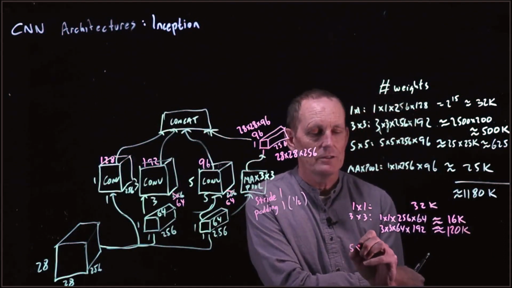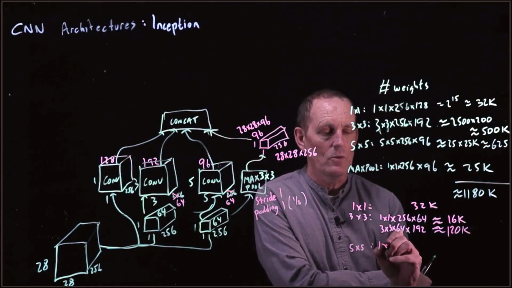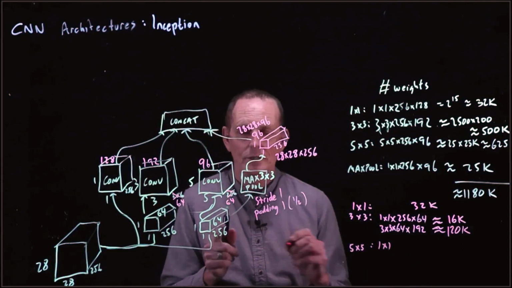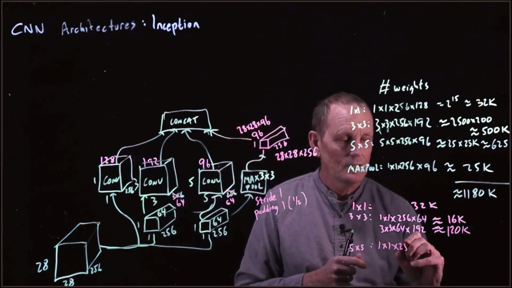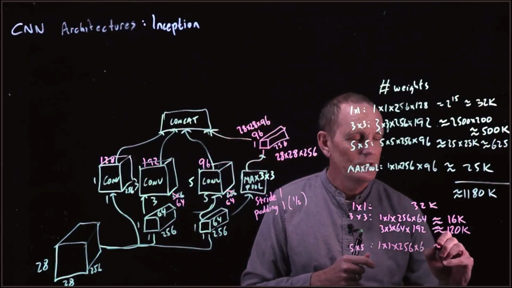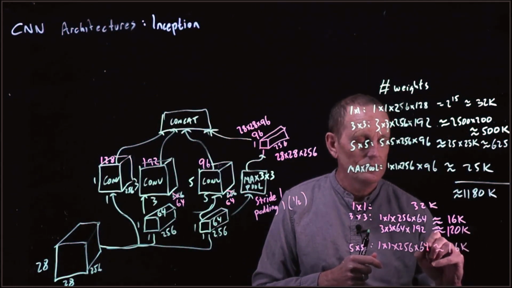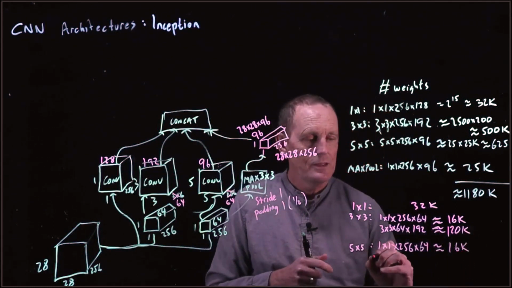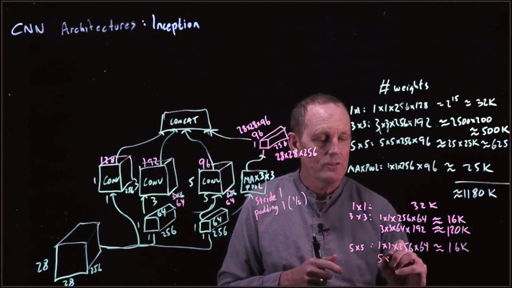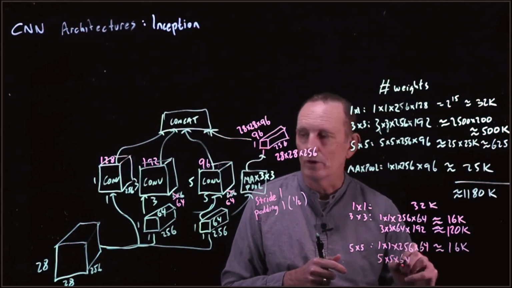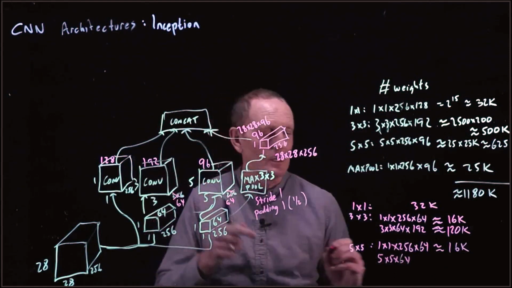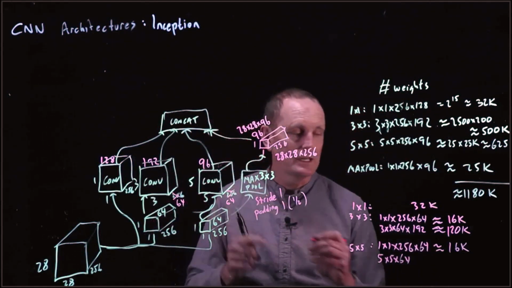Our 5x5, we've got again our 1x1s here by 256, and again, we have 64 of them. So we've already said that's around 16K. And then we also have 5x5 by 64, because we're now 64 deep, times 96.